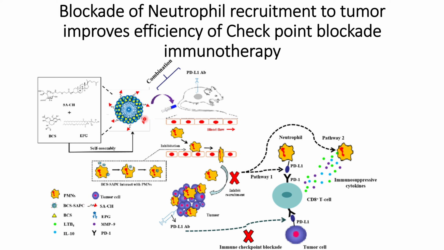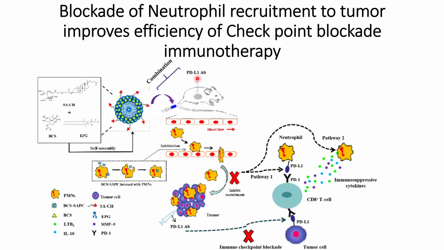So what this complex does is, when it is injected into the mice along with PD-L1 antibodies, the PD-L1 antibodies will prevent the inhibition caused by the PD-L1 receptors that are present on the immune cells, by blocking these PD-L1 receptors.